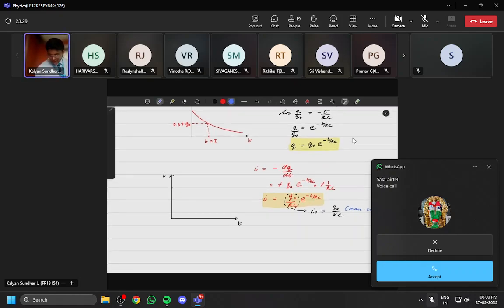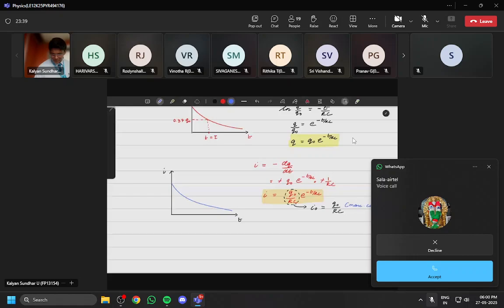So here you will be having a current, and when t is equal to tau, again the same thing. So here you will be having 0.37 times the maximum current value.